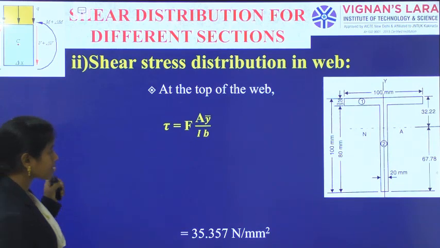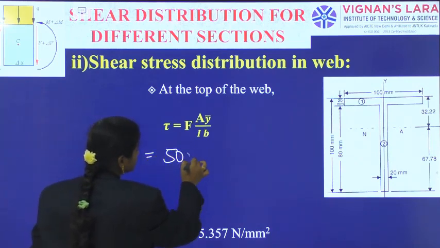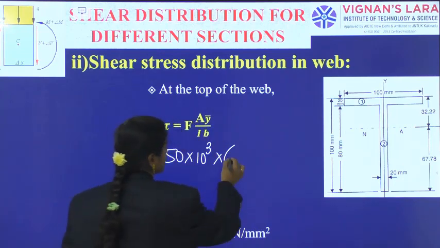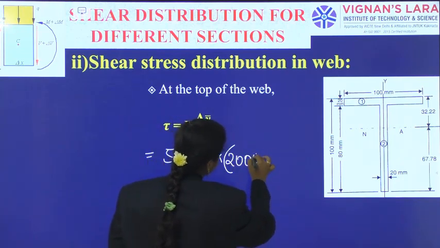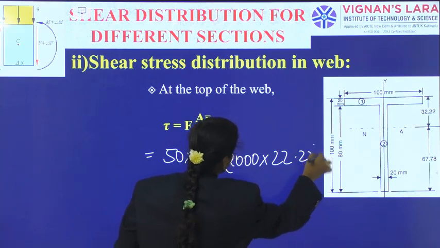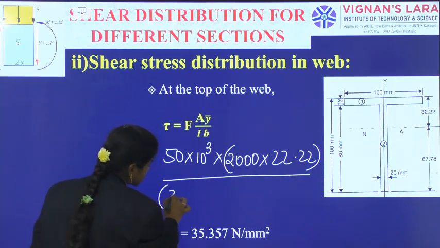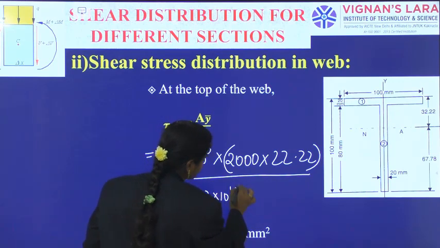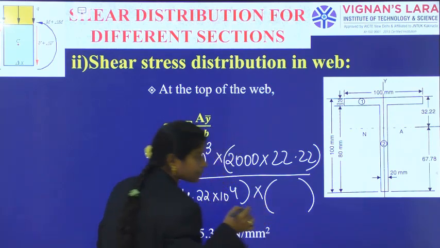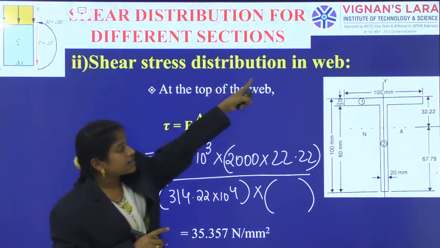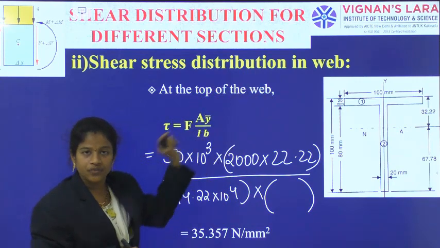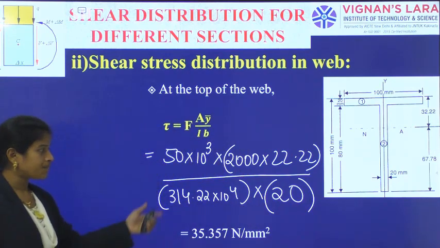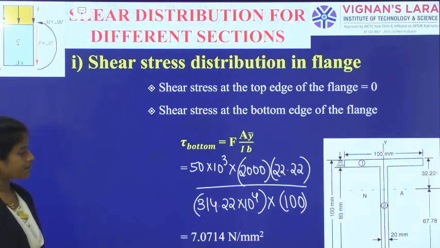And substituting the remaining values, 50 kilonewtons as 50,000 newtons, and A into y bar 2000 into 22.22, and moment of inertia 314.22 into 10 power 4, and width of the beam I am using here, the distribution is in the web, so width of the web, that is 20 mm, and we have got the answer as it is the remaining previous step.